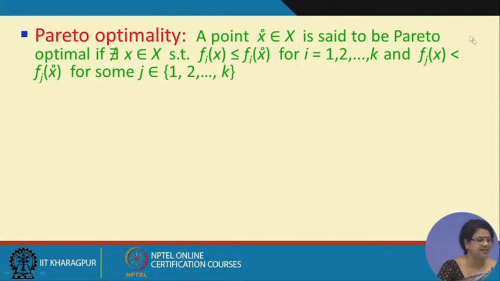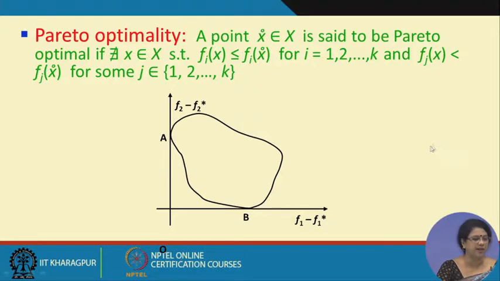Now, if I summarize and talk about Pareto optimality, there is a function. This is in the domain of the function: there are two functions, two criteria, we are optimizing both, we are minimizing both f1 and f2, and this is the feasible space where an infinite number of alternatives are there.